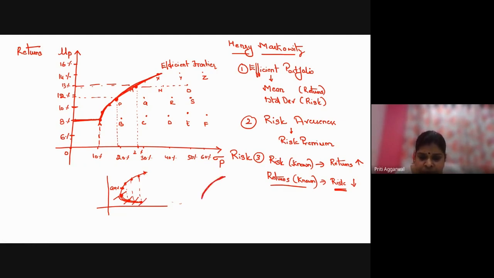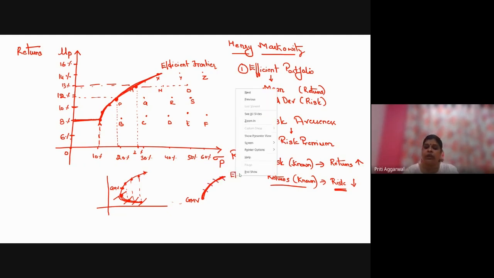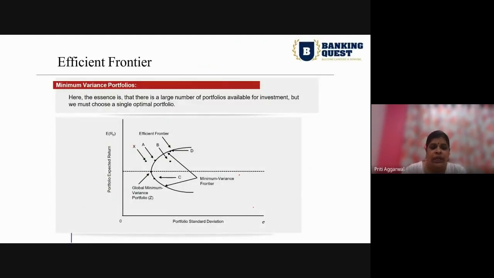It will start from your global minimum variance, and all the upper ones will be called your efficient frontier. That is how we determine your global minimum variance and your efficient frontier. That is how you can see it on the slide now.